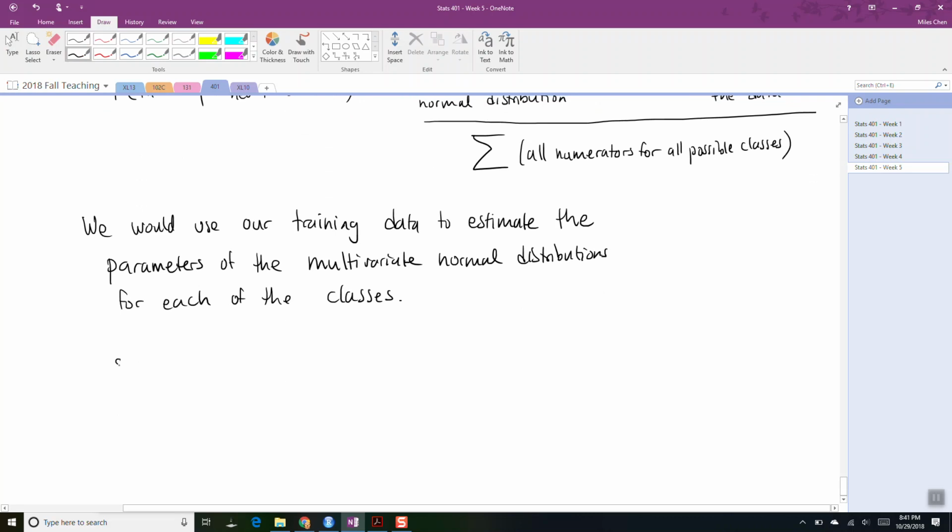So anyway, the steps would be something like: filter to class equals 1.